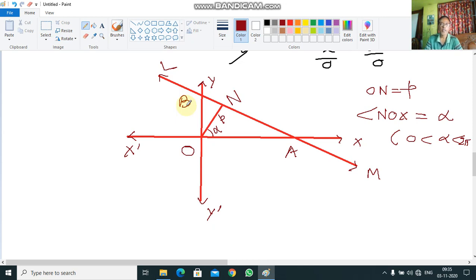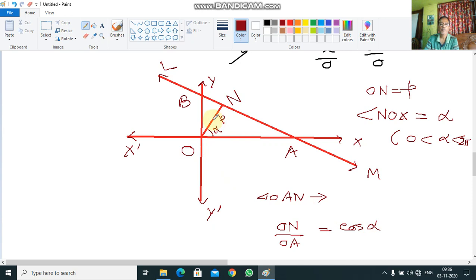Now from the right angled triangle ONA, we get ON by OA is equal to cos alpha.